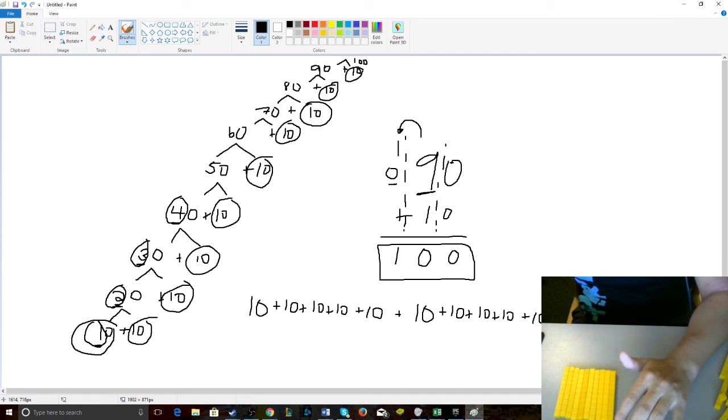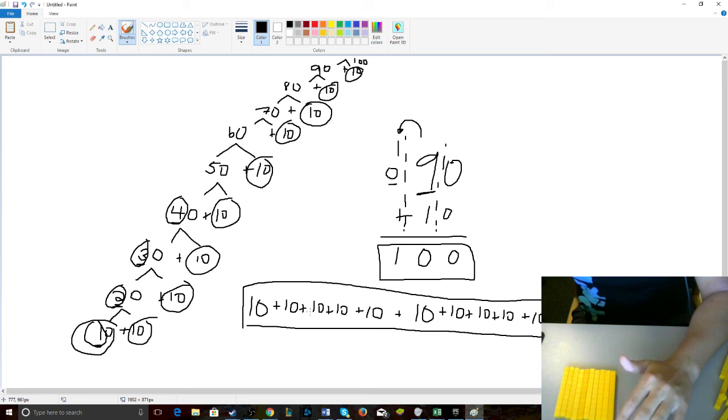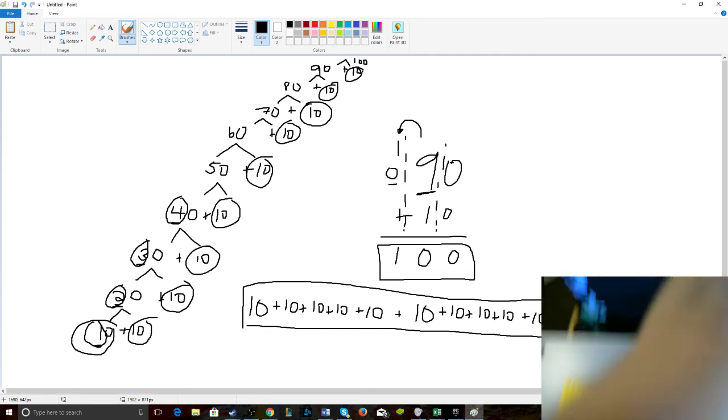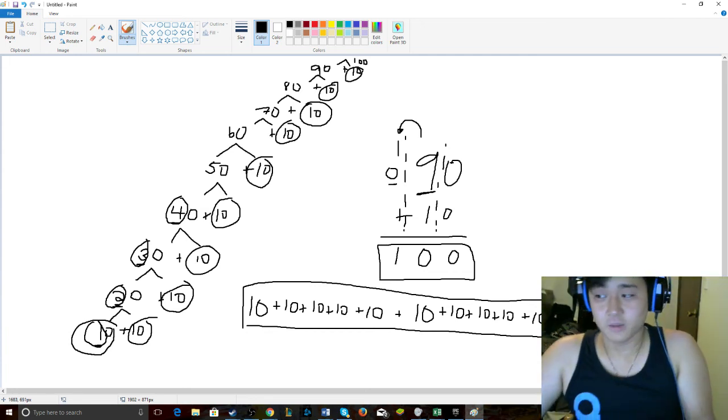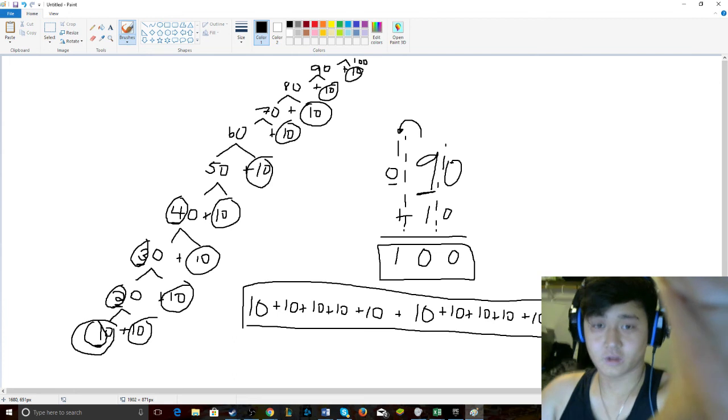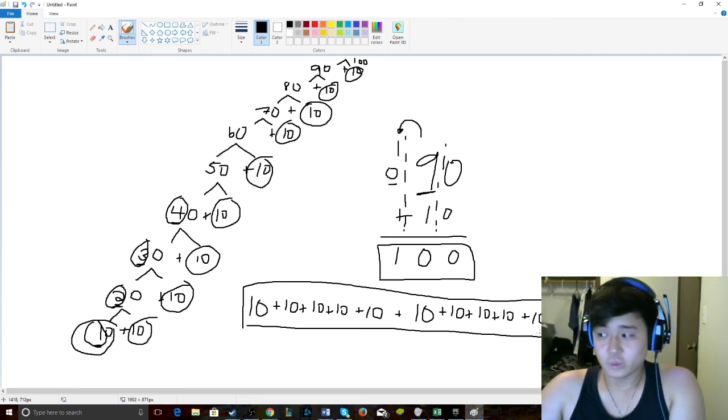And this is a multiplication problem. So this side right here in this box and this part right here in this circle actually mean the same exact thing. Alright? And both of them will equal 100.